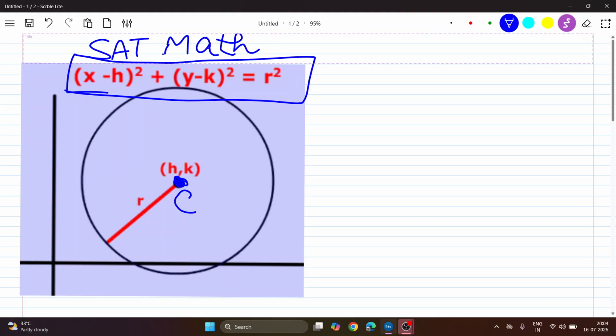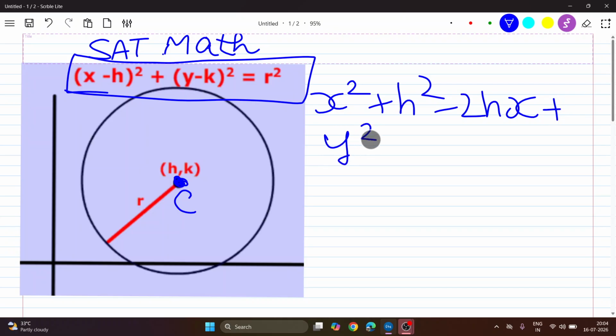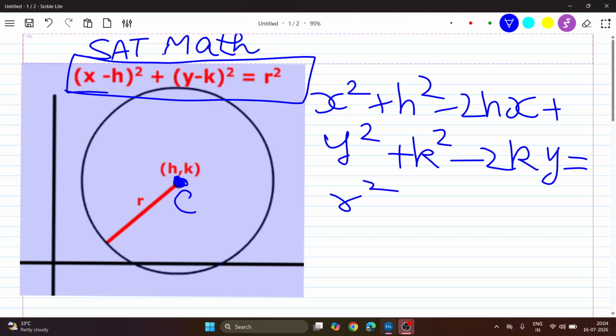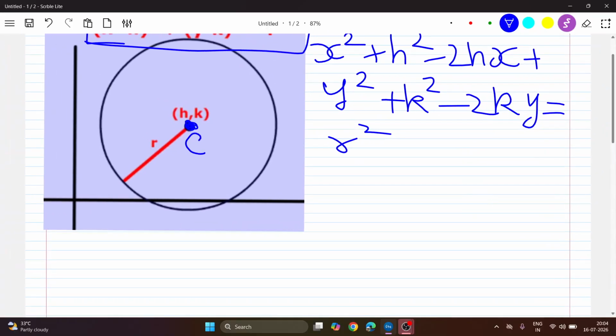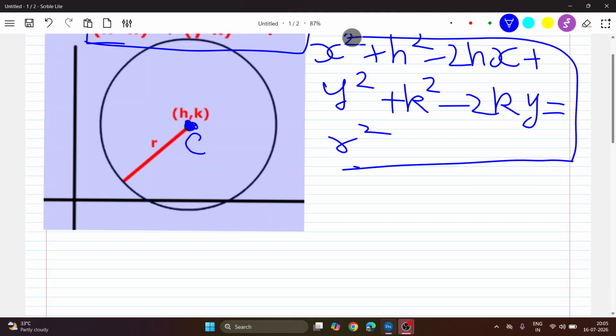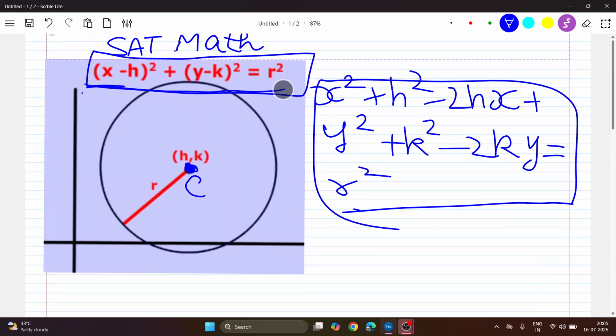So we can even expand this. You can expand this if you want, but the easiest form is this one.